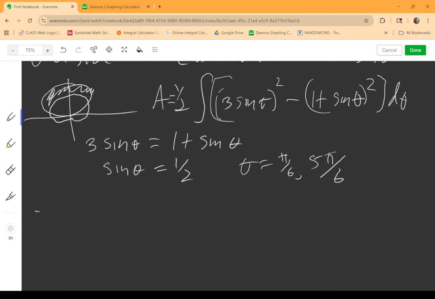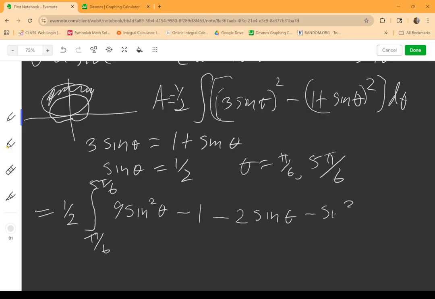So the integral that I'll be solving would be 1/2 the integral from pi over 6 to 5 pi over 6 of 9 sine squared theta minus, and I'll go ahead and multiply this out, 1 minus 2 sine theta minus sine squared theta.